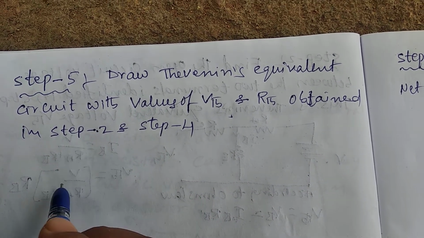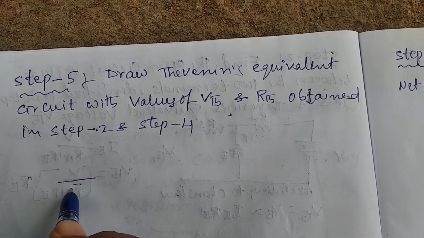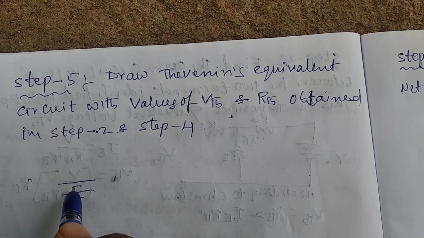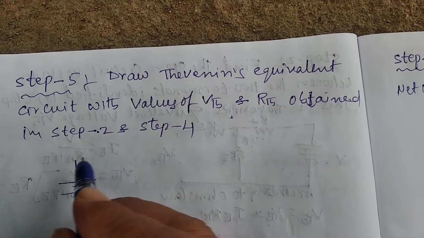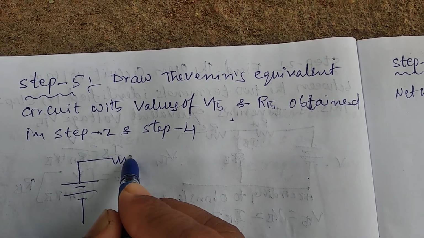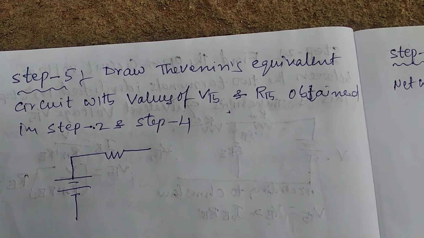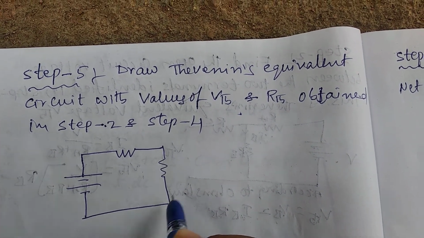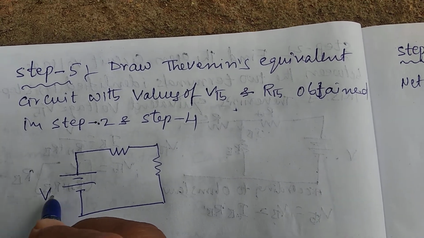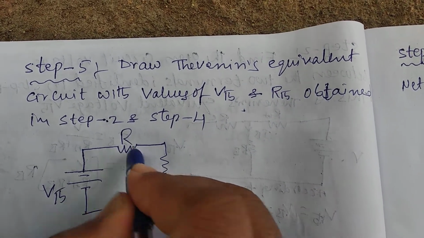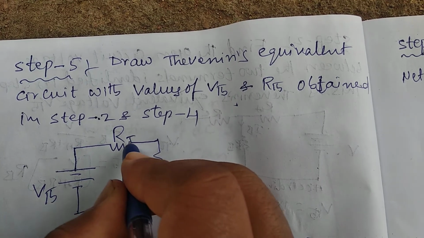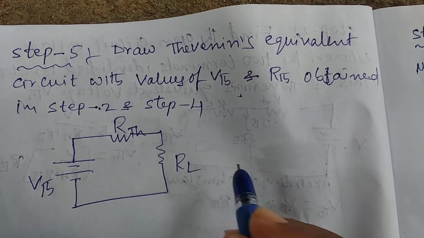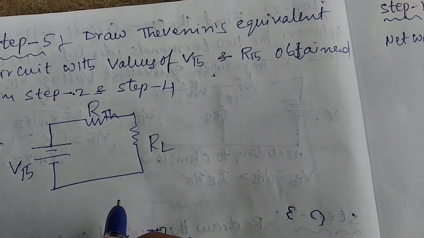So diagram C: it is Vth, it is Rth, and this is RL. This is the equivalent diagram.